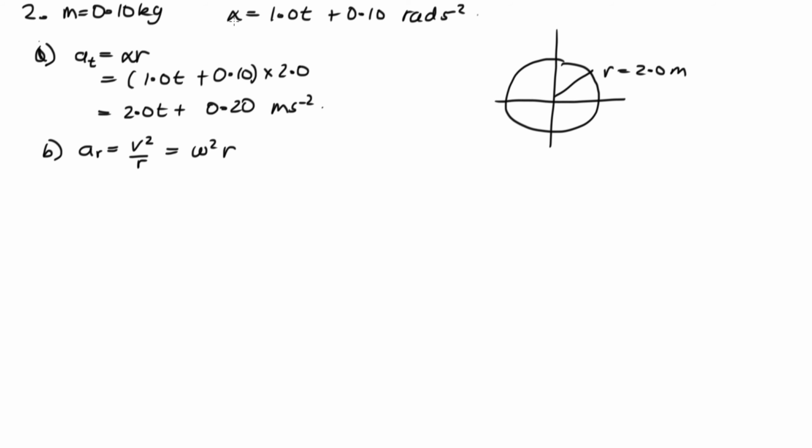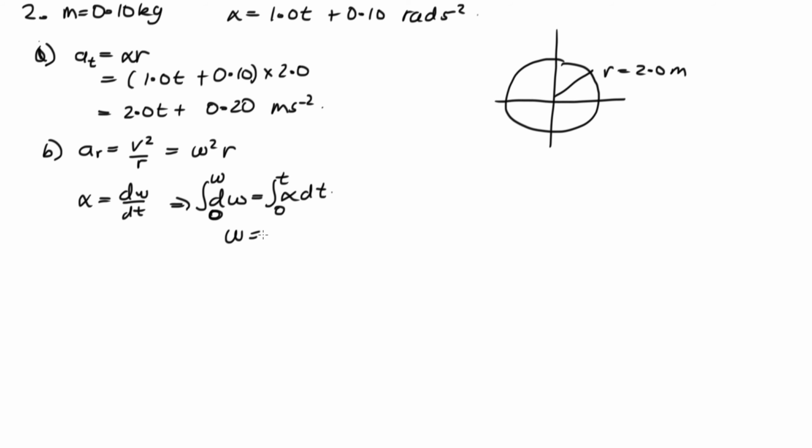Now we've got alpha, and alpha is equal to d omega dt. So we can say, well, d omega is equal to alpha dt, and we can integrate. Now we're told that this starts from rest, so we've got 0 as the initial omega up to omega at time t, and that's at time 0.